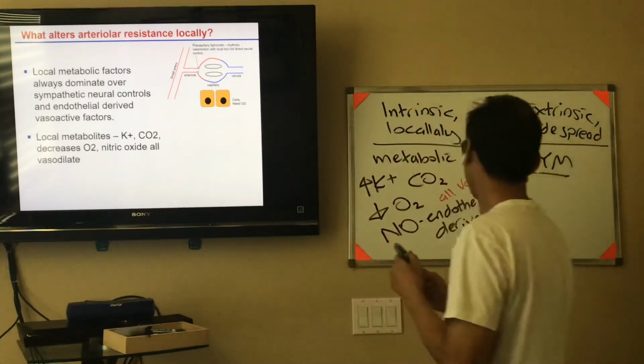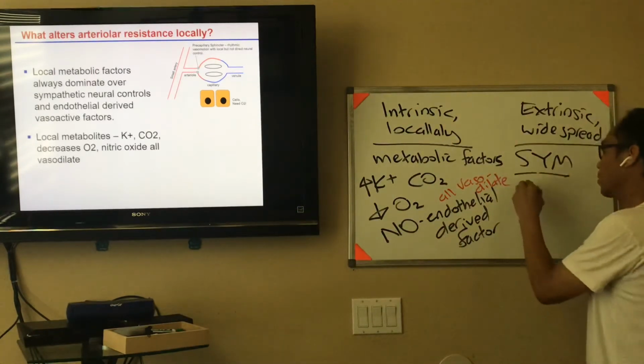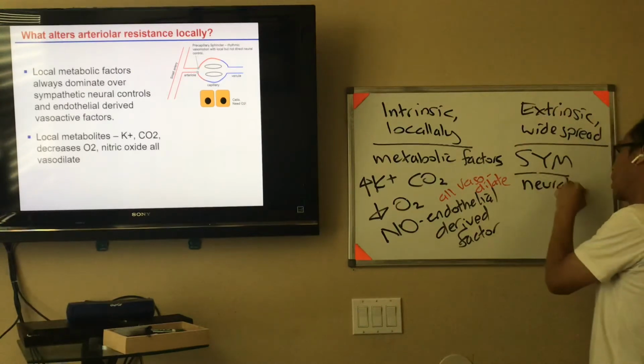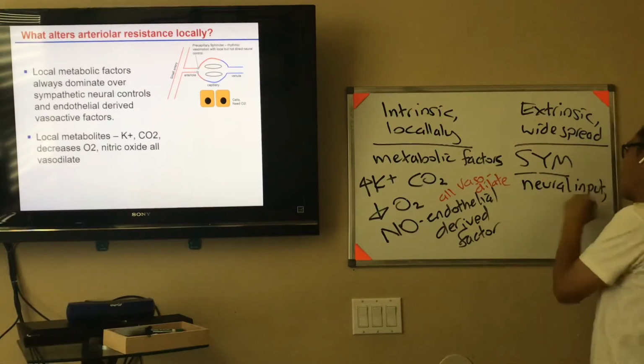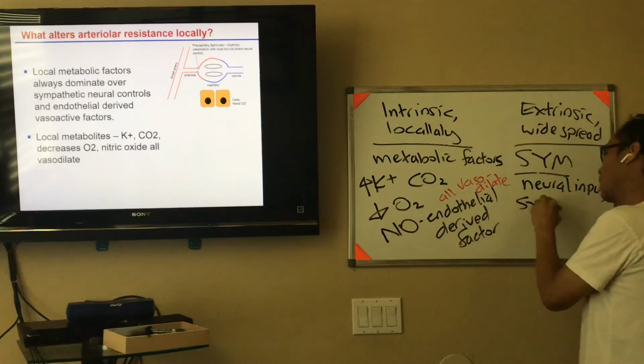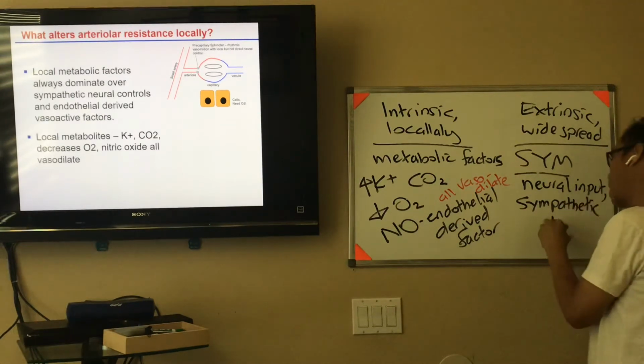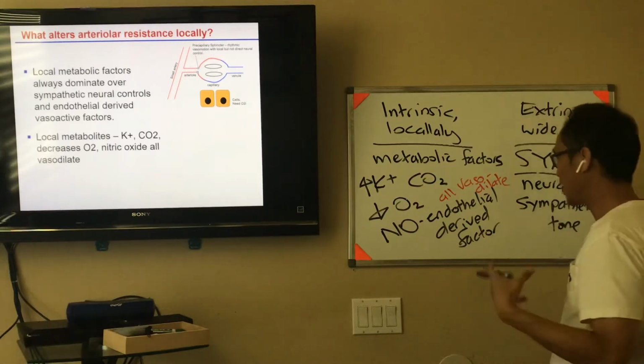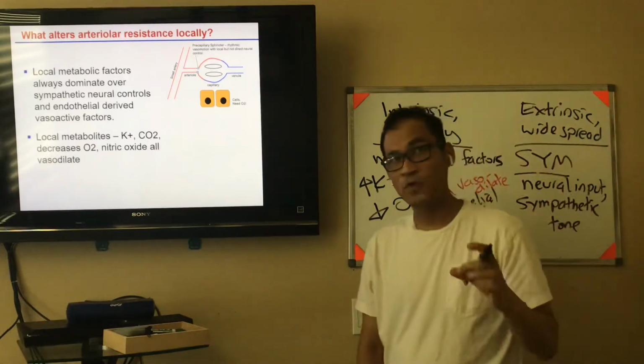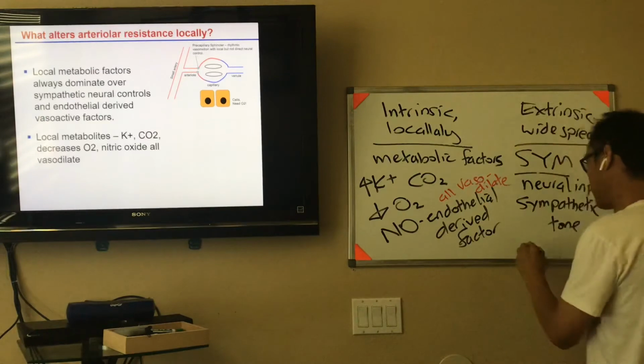Sympathetic inputs will vasoconstrict. We call it sympathetic tone, neural input. Like the volume knob: turn up the volume knob, you get more tone. And when you do that, you vasoconstrict, VC.